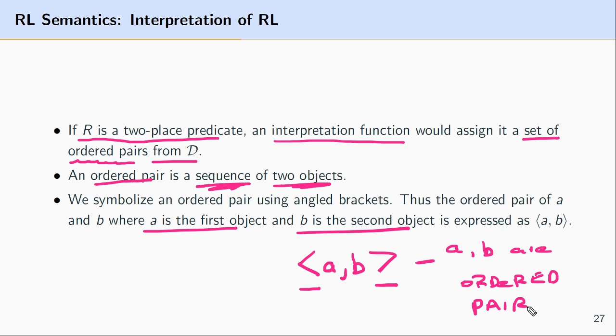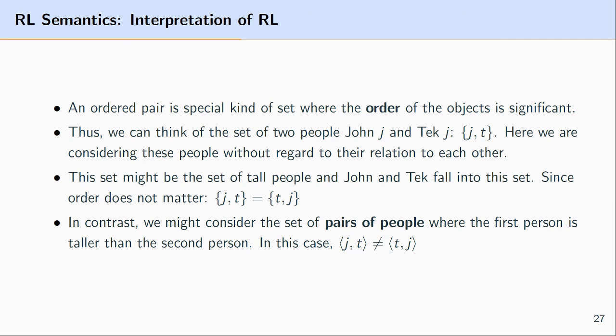Let's look at this in a little bit more detail. Let's talk about what an ordered pair is. We can think about an ordered pair as a special kind of set where the order of the items is important or significant or means something. One way of thinking about an ordered pair is in contrast to a regular set or collection.